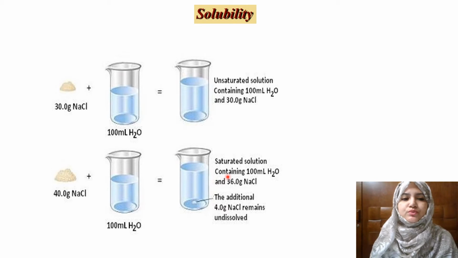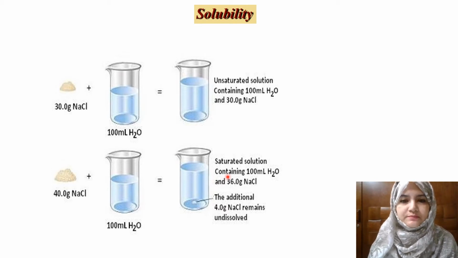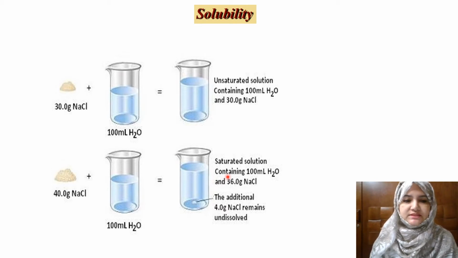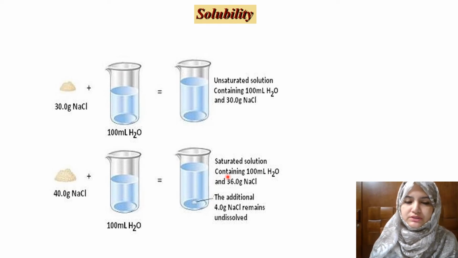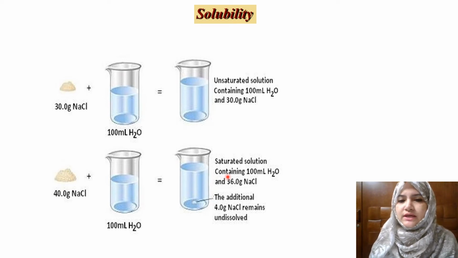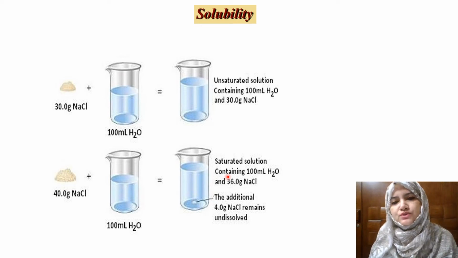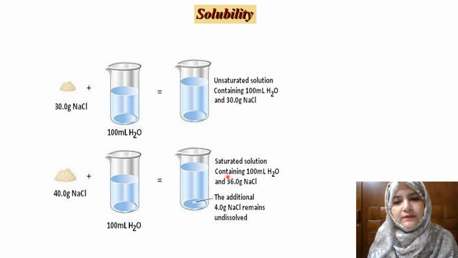Suppose we have 100 grams of water, and we go on adding salt to it. Maximum how much salt can we add to 100 grams of water so that the solution becomes saturated?